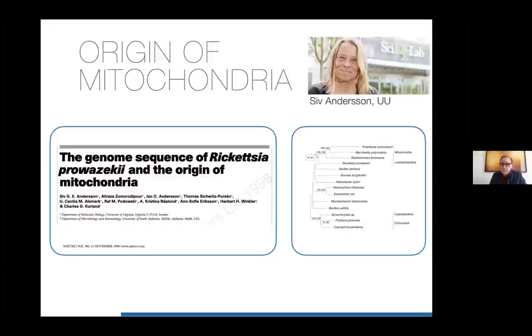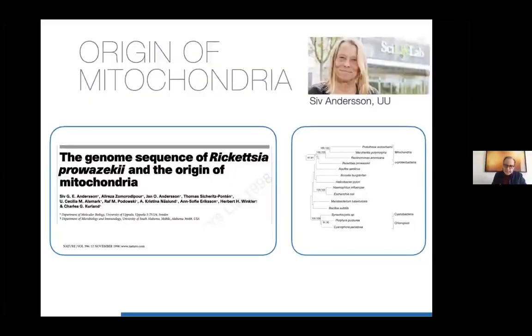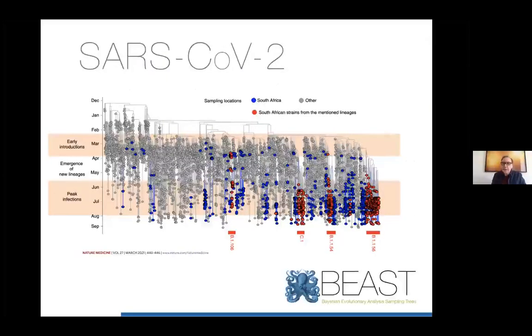Then people typically would say, no, it's not a miracle. It's pretty well understood how it has come into place. It has evolved, and it was figured out by Darwin, right? That evolution is random mutations and selection. And that's exactly what's behind this scenario and also this scenario, right?